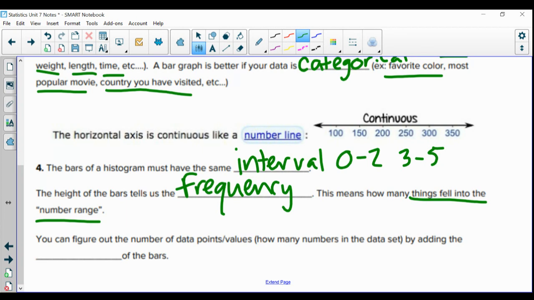And you can figure out the number of data point values in the total data set by adding the heights of the bars. So like we said, the frequency tells us how many items fell into that number range. So if I add up all the frequencies of my bars, that'll give me the total number of data points in my data set.